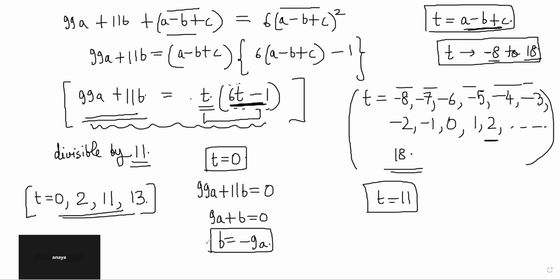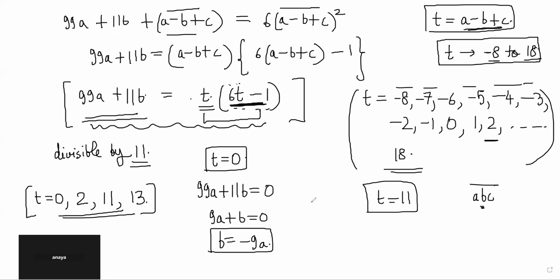That doesn't seem possible because a has to be 1, so then b will be minus 9. You cannot put negative integers there, right? So that doesn't seem possible. You cannot make a number now.